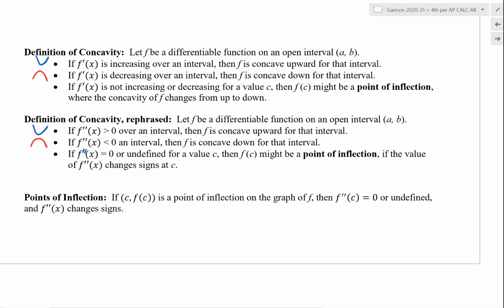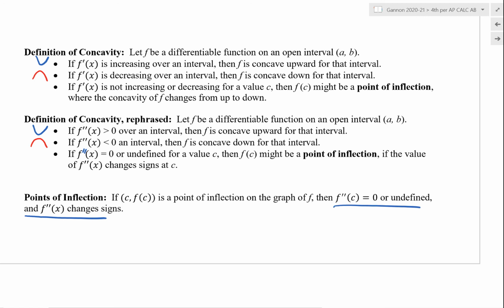And that really becomes important when we're talking about points of inflection, because with critical values, if a derivative is 0 or undefined, it's a critical value. The sign change determines whether it's a min or a max and which one it is. With points of inflection, all right, you don't have a point of inflection unless the second derivative is equal to 0 or undefined and that second derivative changes signs at that value.